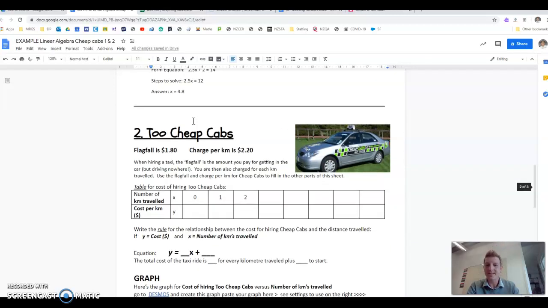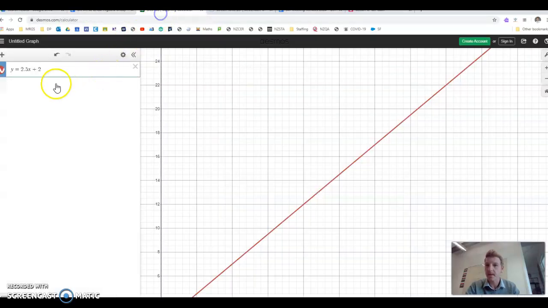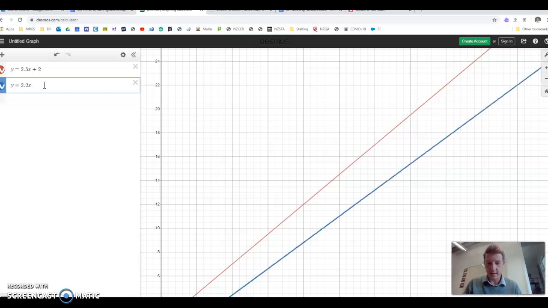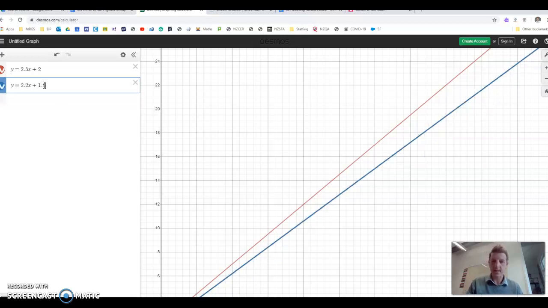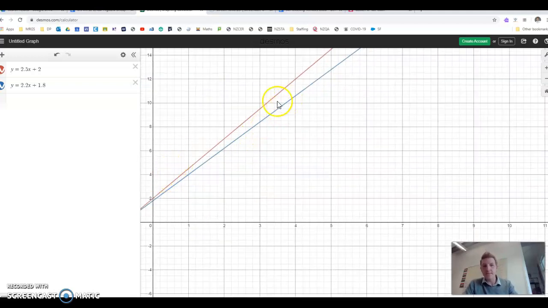Now for the next one, my equation is going to be 2.2x plus 1.8. So if I put a next one in here, I go y equals 2.2x plus 1.8. And what I notice is that these lines actually never cross. So for the merit section, I've asked you to find the point of intersection, but there actually isn't one, unfortunately.